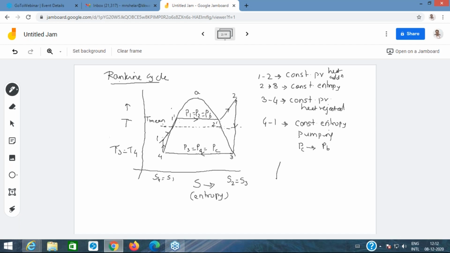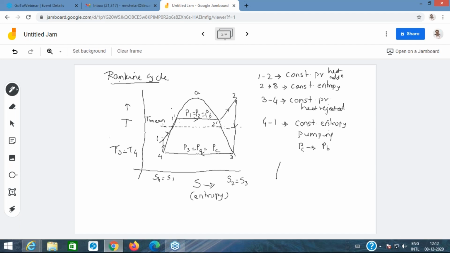Now the basis of defining this constant temperature is that it should give me the same effect as that given by the original temperatures. What is that effect? In the Rankine cycle, the heat added can be found out by the area under the process line 1 to 2. On the temperature entropy diagram, the area under the process line 1 to 2 gives me the heat added in the cycle.